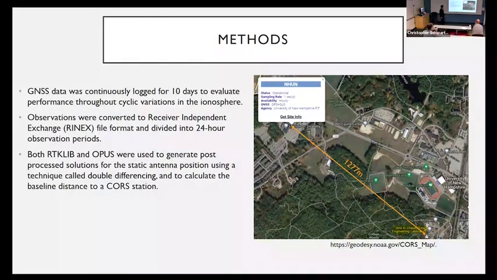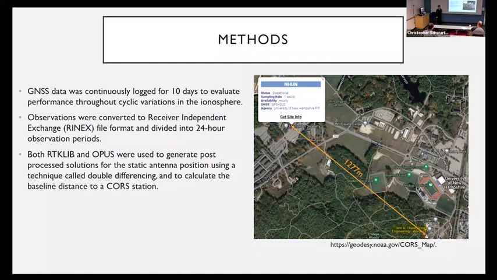And what I did was I logged GNSS data continuously for 10 days to evaluate the performance of the antenna and receiver combination throughout cyclic variations in the ionosphere. We converted those 10 days of observations to RINEX format and went ahead and divided up the data set into 24-hour subsets associated with each day of data collection.